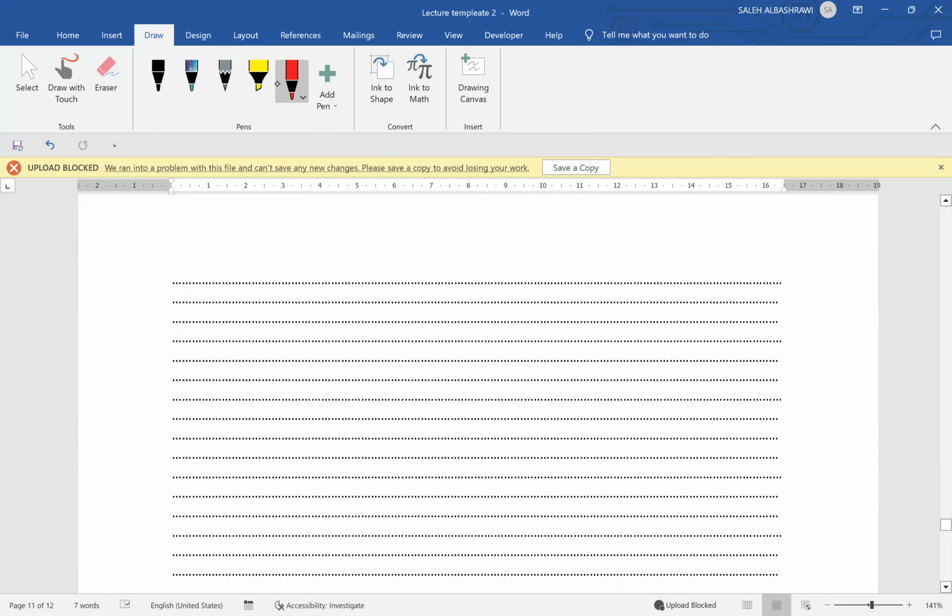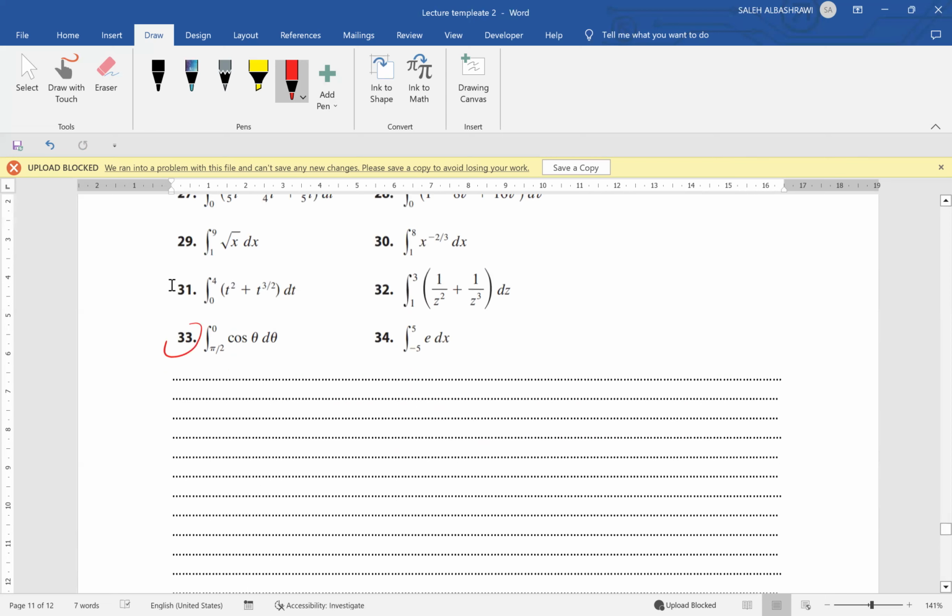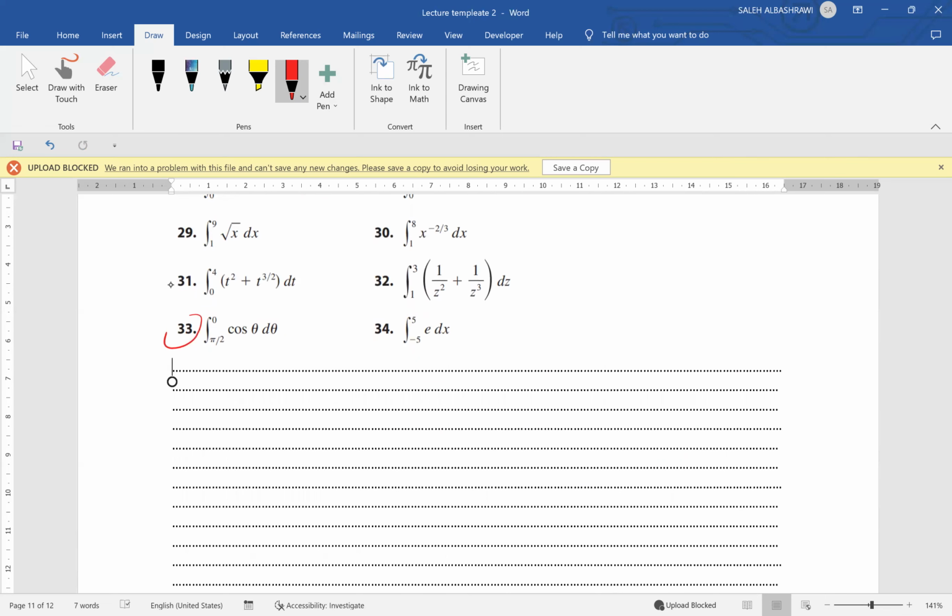One last example. We can take 33 for this integral, from pi over 2 to 0 of cosine.